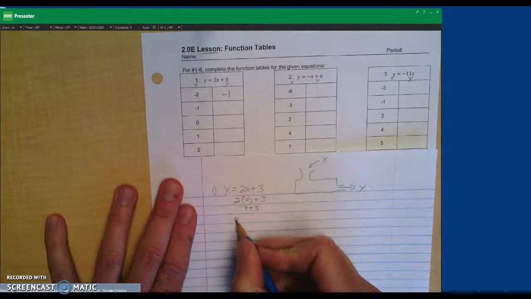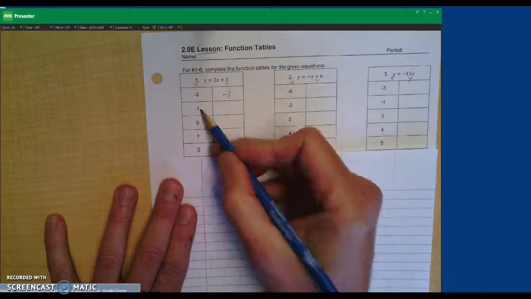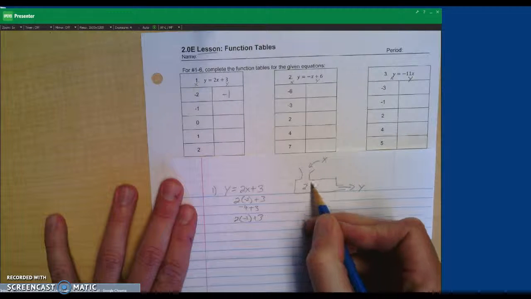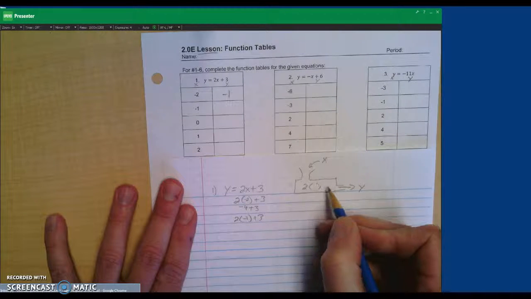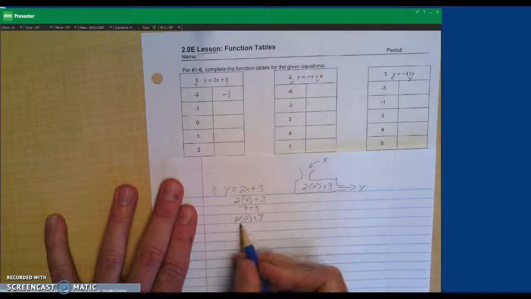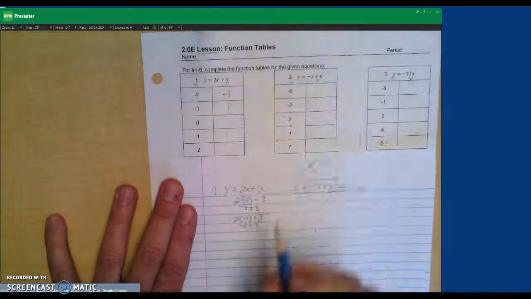Then you do it again, 2 times the next value. Negative 1 is the next value. You just plug that into the machine. You're just taking 2 times whatever x is, and then adding 3. So double it and add 3. So 2 times negative 1 is negative 2, plus 3 is 1.